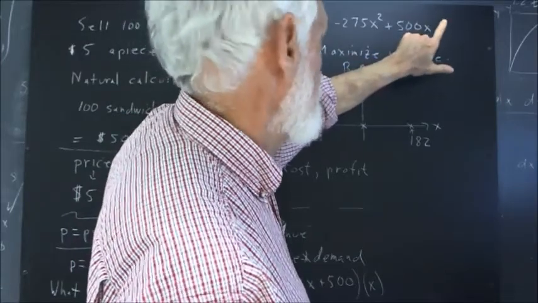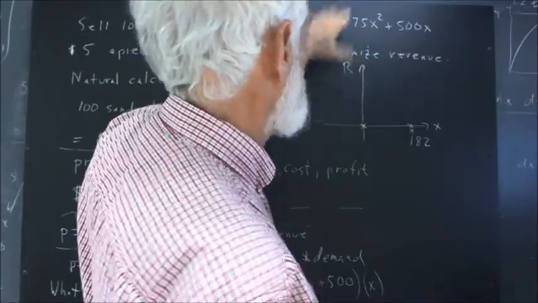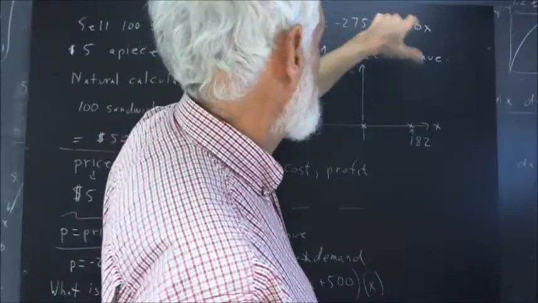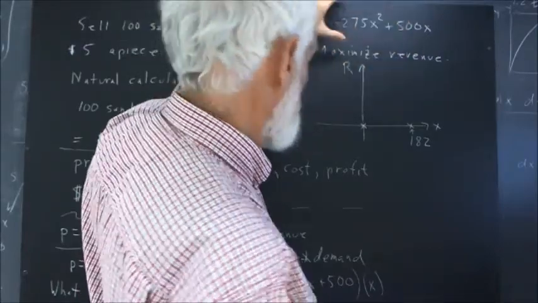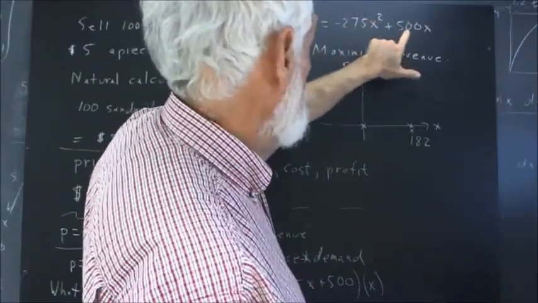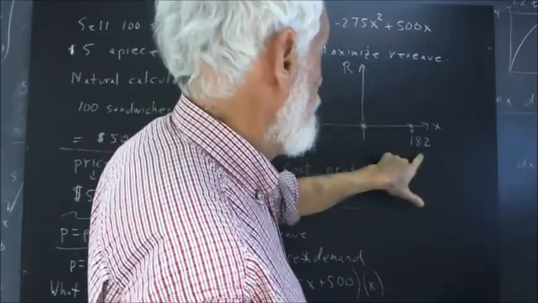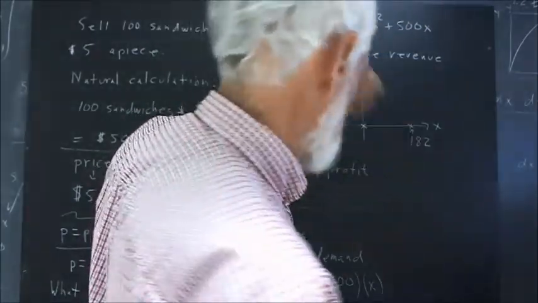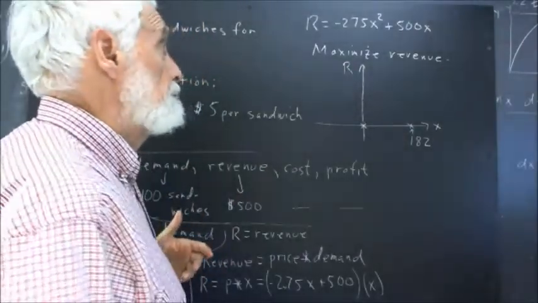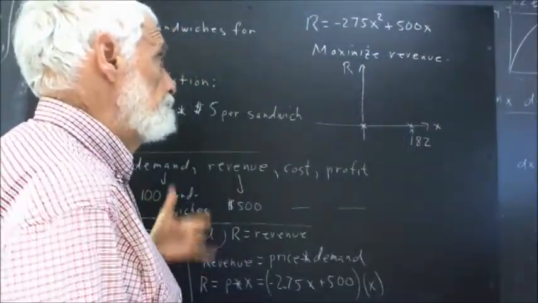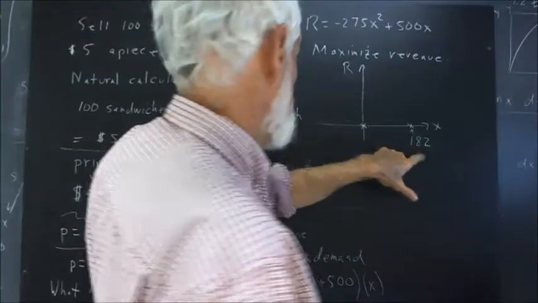Let's factor x out. We get x times negative 2.75x plus 500. If we also factored out the 2.75, we would get inside the parentheses negative x plus 182 approximately.